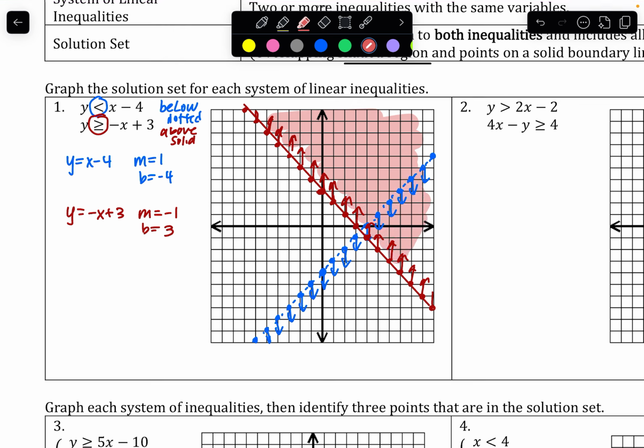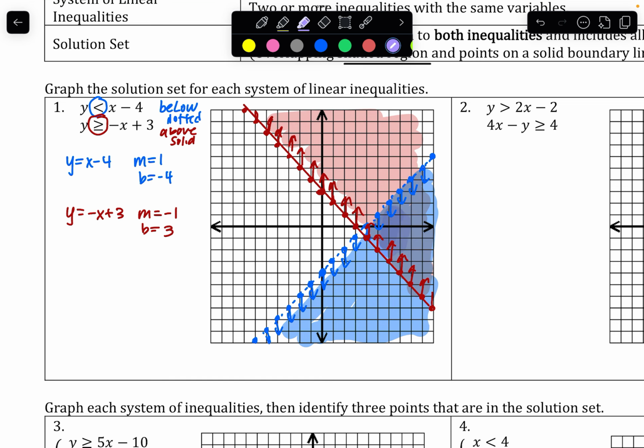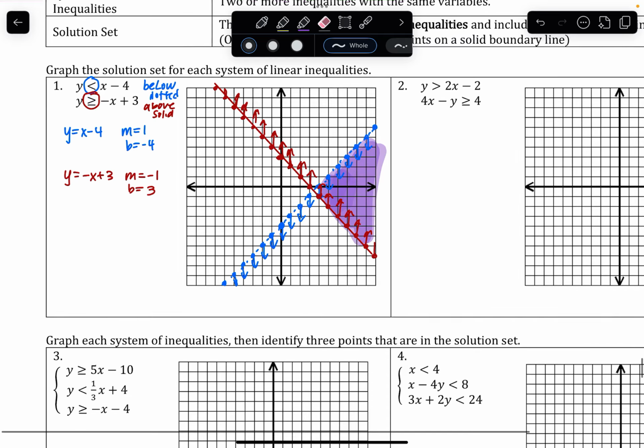This is above. And so the region that would have gotten shaded twice from the blue and the red is the small triangle to the right of your graph. And so let's see if this is dark enough. And so just this region over here. And so you can either just shade the original parts lightly or only shade the solution set.